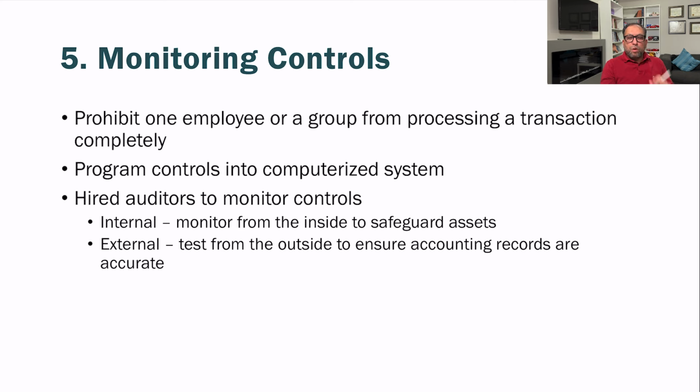Programs are controlled in a computerized system, and auditors are hired to monitor controls. Auditors can be internal as well as external. Internal auditors' job is mostly to safeguard and correct the problems, and external auditors test from the outside to ensure accounting records are accurate.